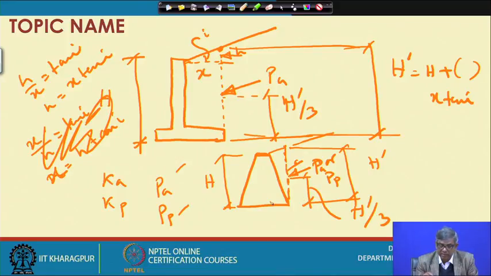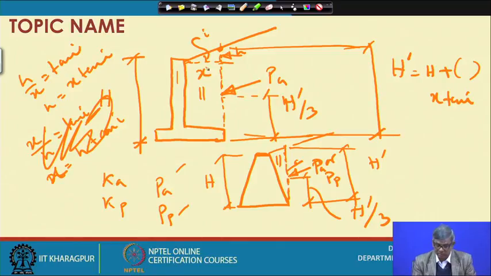And additionally, while doing the analysis, this weight has to be taken, and here also this weight has to be taken. When you do the stability analysis, which is not in this course, here our job is to find out only the pressure or thrust, but when you do the stability analysis, you have to do this type of modification. When you imagine the wall is here, then the weight of this concrete and the weight of this soil all have to be considered.